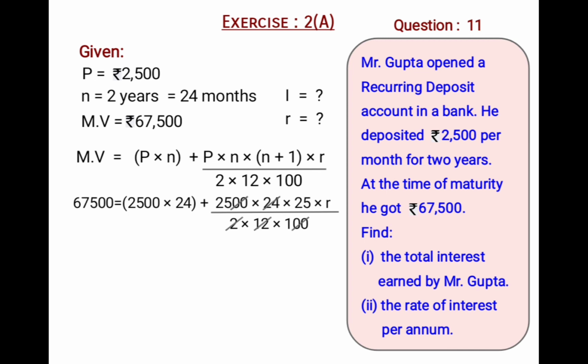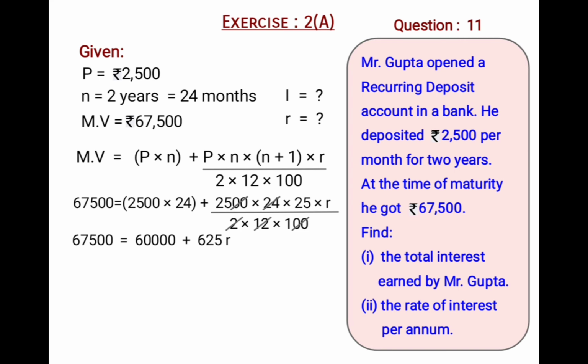On further simplification, we will get 67,500 equal to 2,500 into 24, that is 60,000, plus 625R.